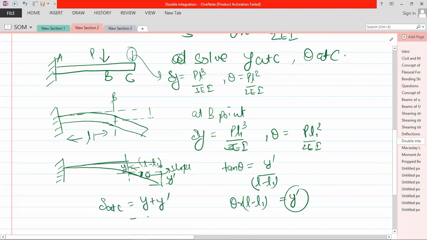Now y is equal to P L1 cube by 3EI plus theta, that is P L1 square by 2EI, into L minus L1. So even if the load is not acting at that point, you can always obtain the deflection at the end point.